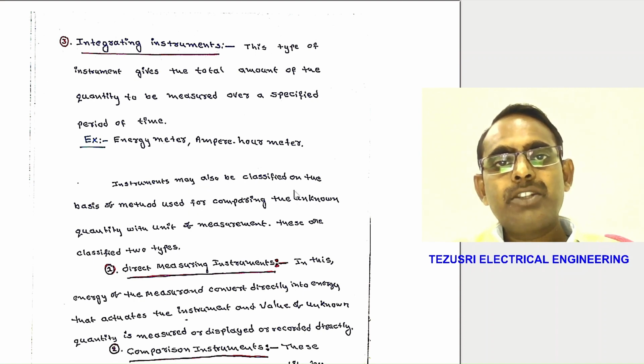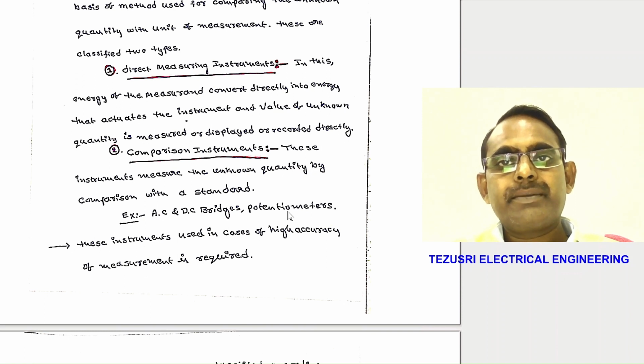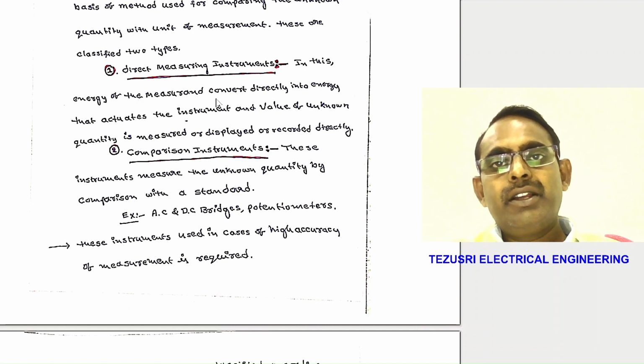Instruments may also be classified on the basis of the method used for comparing the unknown quantity with the unit of measurement. These are classified into two types: direct measuring instruments and comparison instruments. In direct measuring instruments, the energy of the measured quantity is converted directly into energy that activates the instrument, and the value of the unknown quantity is measured, displayed or recorded directly.